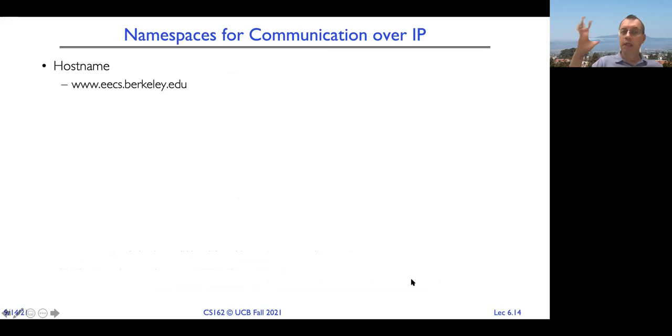And again, we discussed a little bit at the beginning of the class, but in the internet, the way you are going to name is basically using these DNS names, right? And this is an example. Again, we are going to have a lecture to talk more about that, but for now it is www.ecs.berkeley.edu, right?